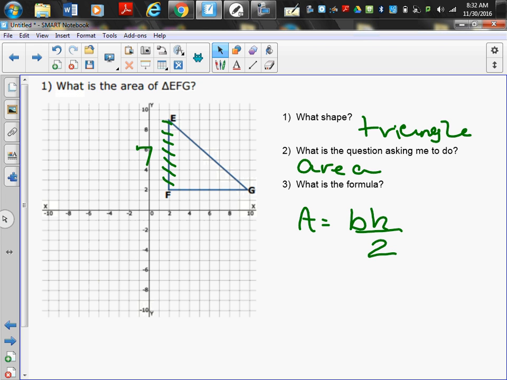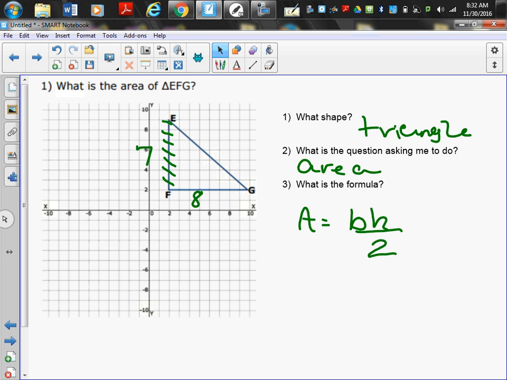So now you said I could count line segment FG. Miss Lockett. What is the distance from point F to G? Eight. I agree.